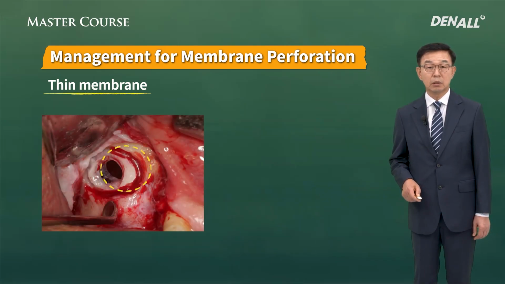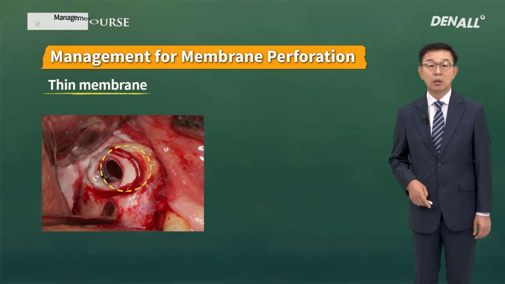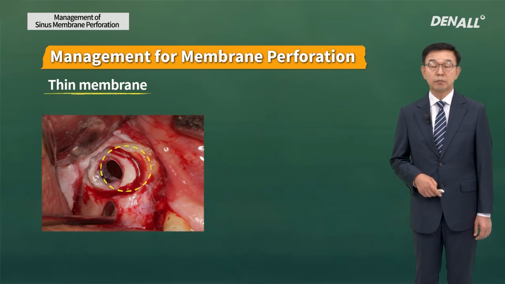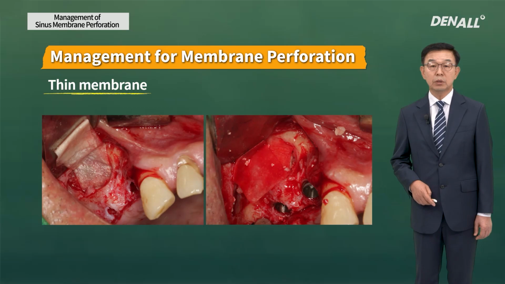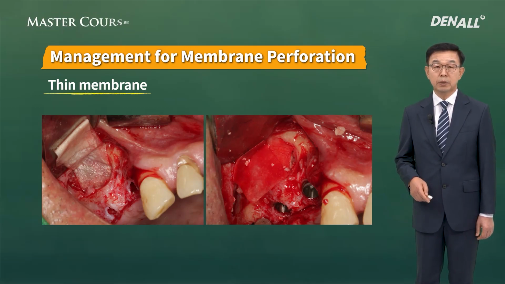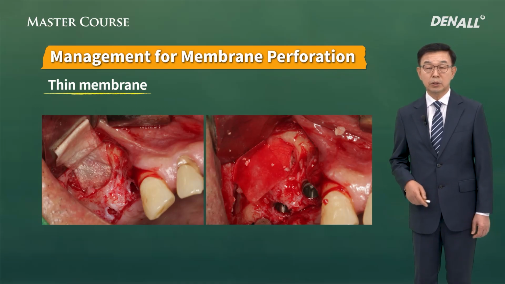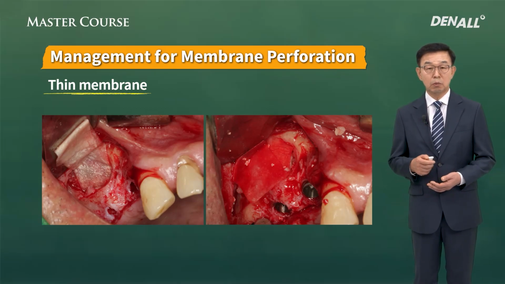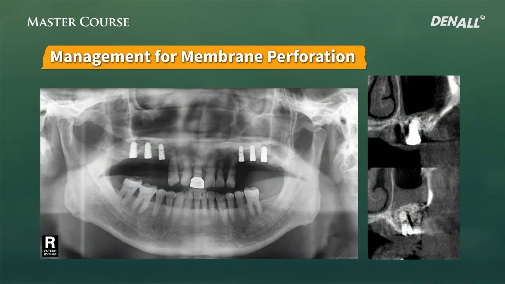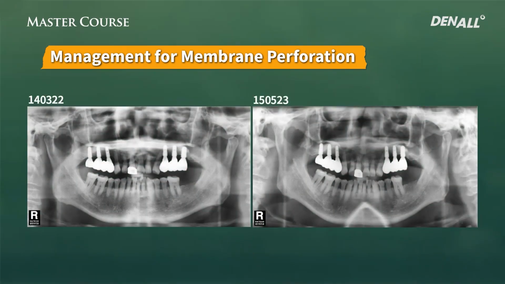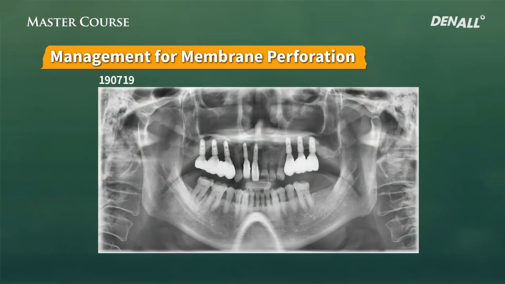In order to get visibility, you need to form a large window beyond the problematic area. You need to check the problematic site, sufficiently do sinus lift, and use resorbable membrane to repair and place the implant after bone graft. This is post-op image. This is after final prosthesis delivery.